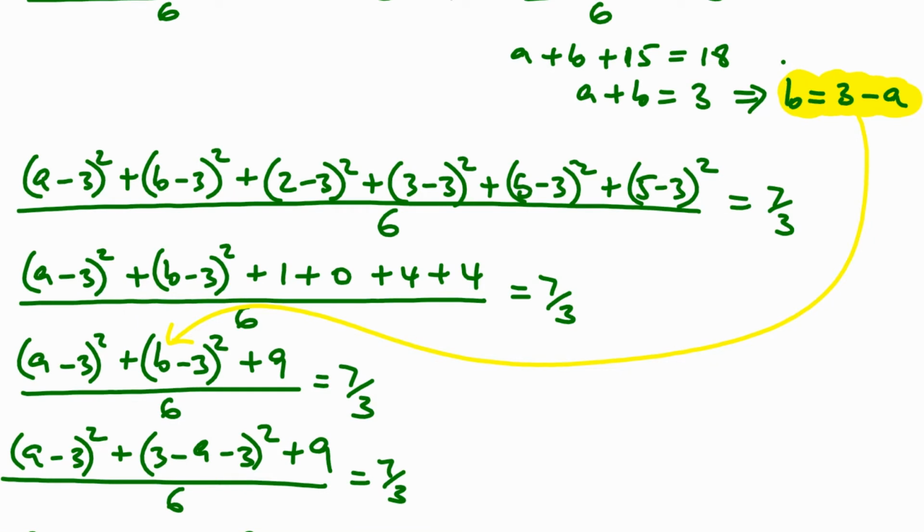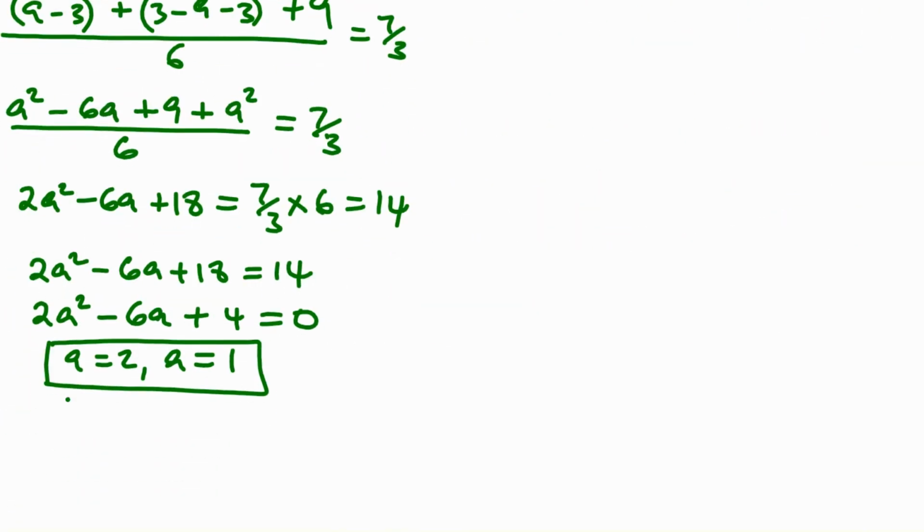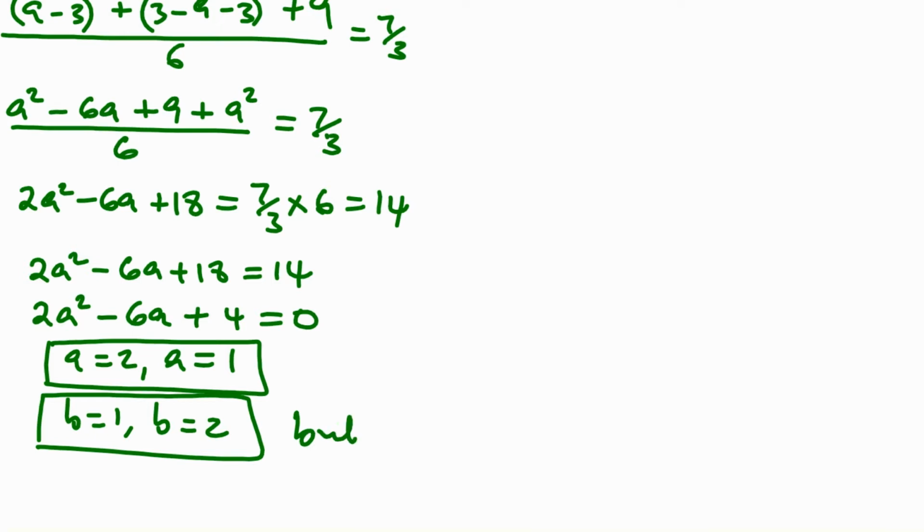So if you plug in those values of A, you'll end up with B equal to 1 or B equal to 2. But because we know that A is less than B, that will imply that A will be equal to 1 and B will be equal to 2. So those will be our solutions.